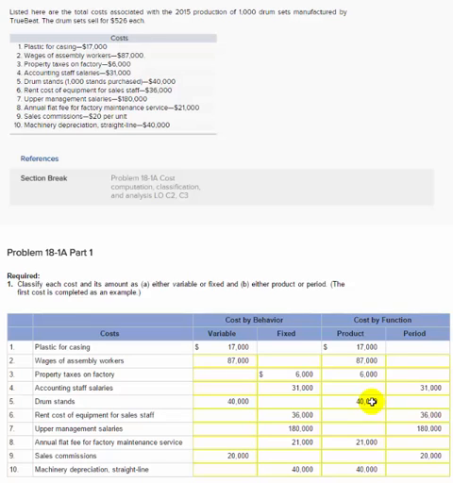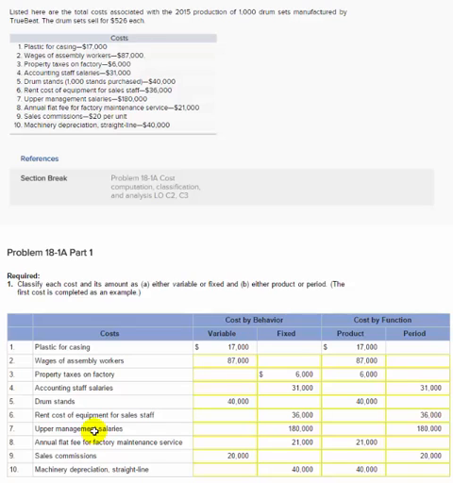It's direct material. Number 6, rent cost of equipment for sales staff. Well, rent is normally considered a fixed cost. It doesn't go up and down with volume. So therefore it's fixed under cost behavior, $36,000, and it would be going on outside of the factory because it's for sales staff, so it's $36,000 under the period cost.